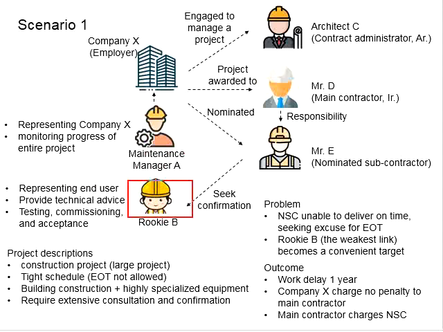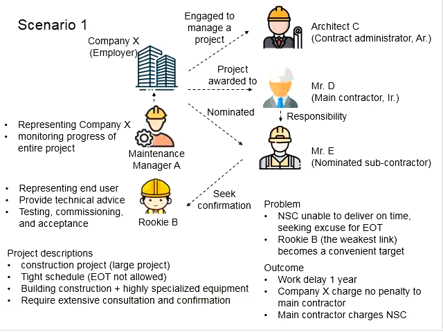Now this is where this rookie B comes in. His function here is to provide technical advice, to participate in the testing and commissioning, as well as the handing over and acceptance of the parts on the specialized equipment.